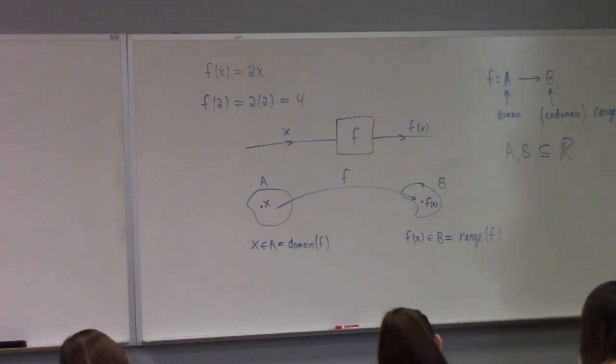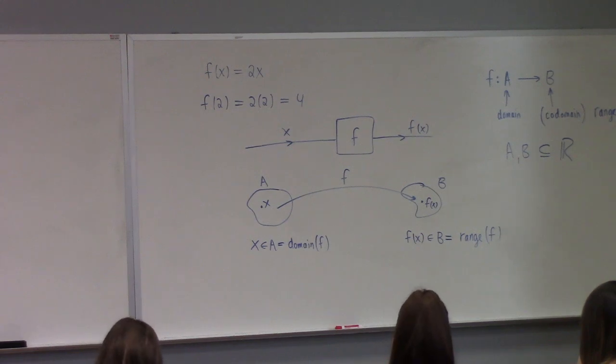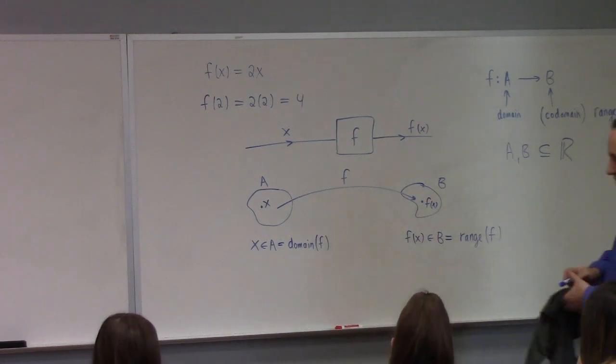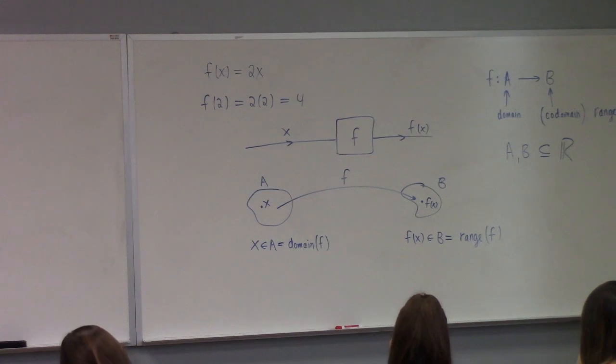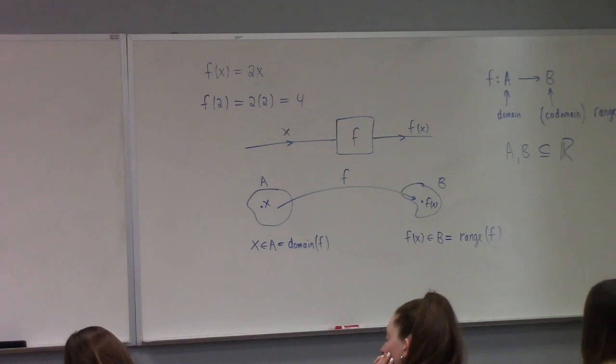So to define a function, we really have mostly just two choices in here. Now your book talks about a second, a third, and a fourth choice, but I really don't care so much about those. The two choices of primary relevance to us are either we give a formula or we give a graph. You could either define a function by a formula or a graph.